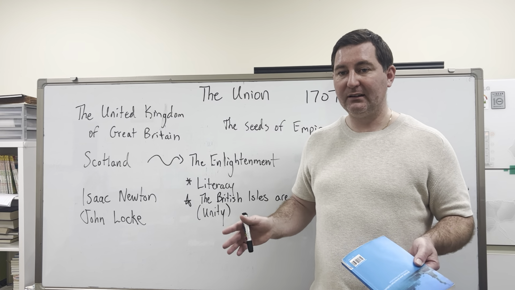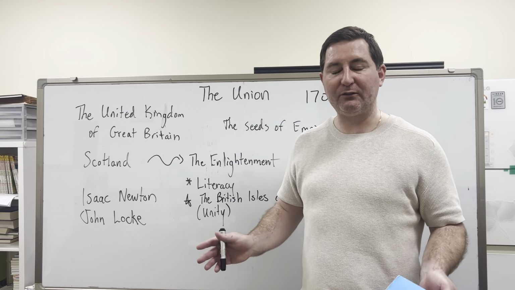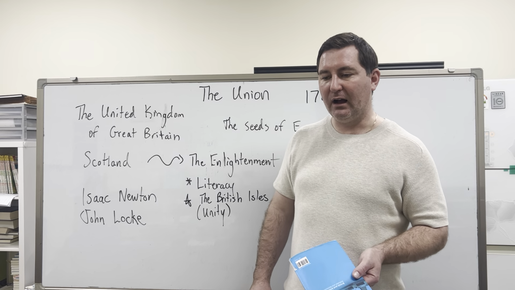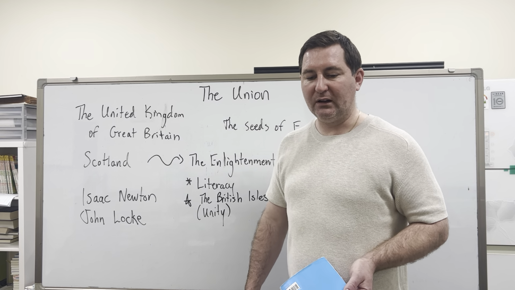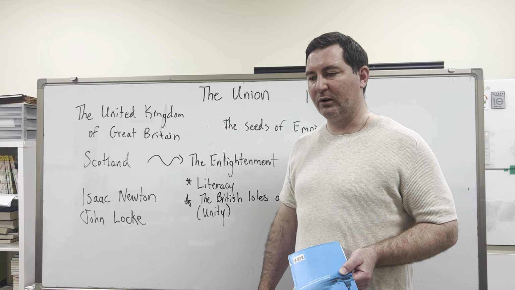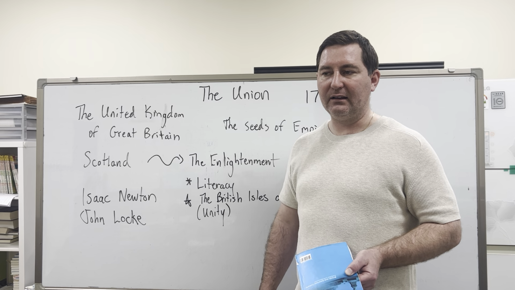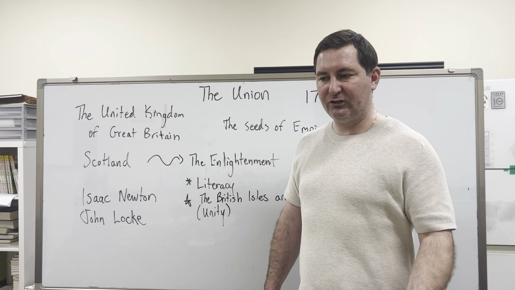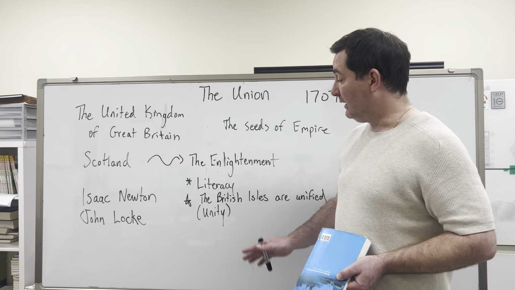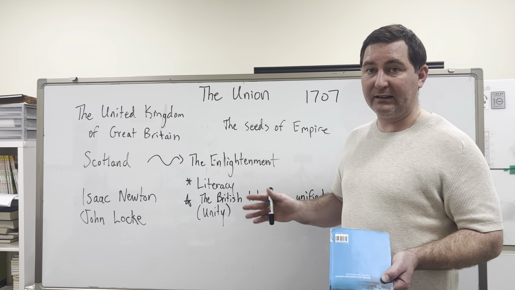And what they read started to be relaxed. You didn't just have to read the Bible. There is censorship, there are limitations, but you were able to read all kinds of different material. And that, with the education system, snowballed into the Scottish being one of the most important peoples in the Enlightenment.